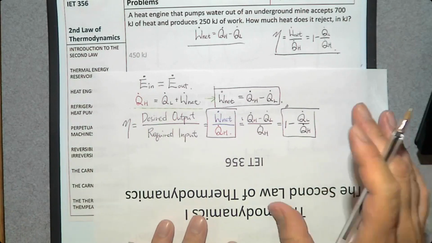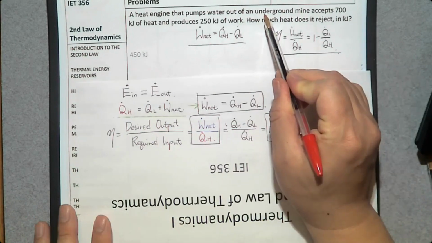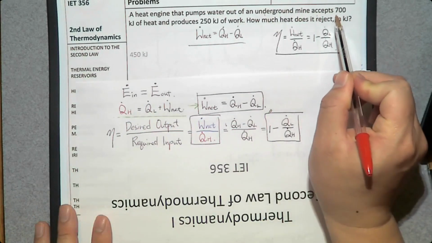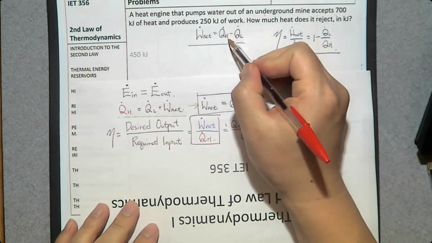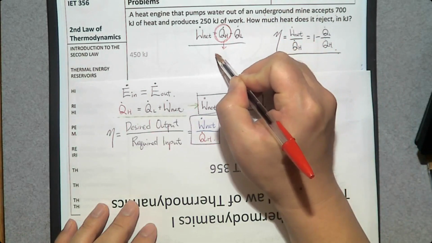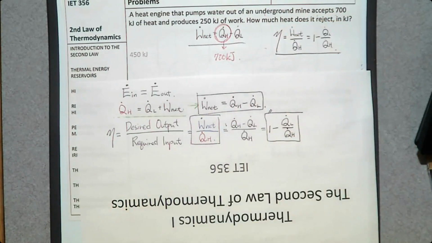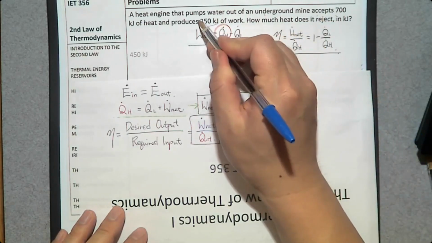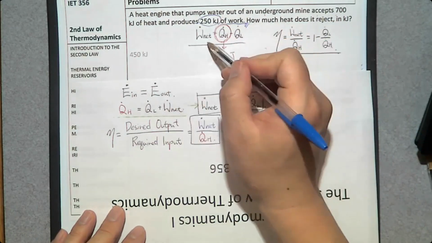Okay, so let's solve this problem. This heat engine accepts 700 kilojoule. That is the heat transfer from the source. 700 kilojoule. How much work does it produce? 250 kilojoule of work can be produced by this heat engine.